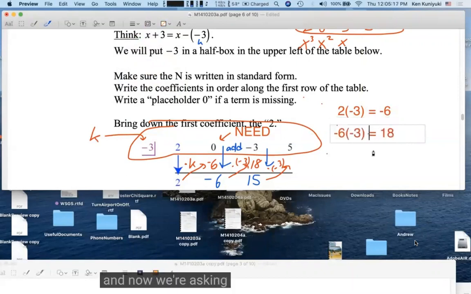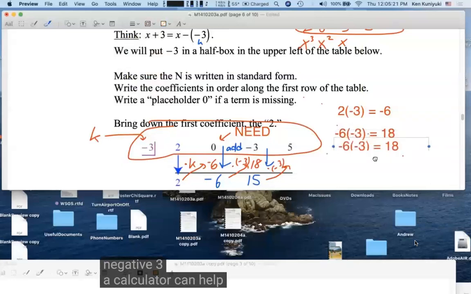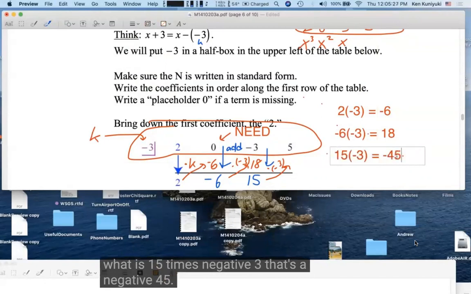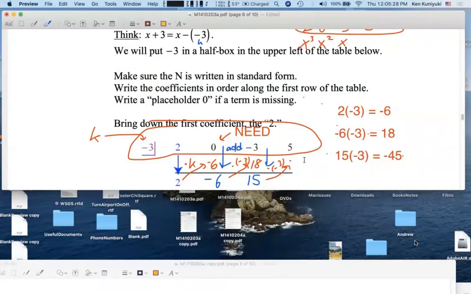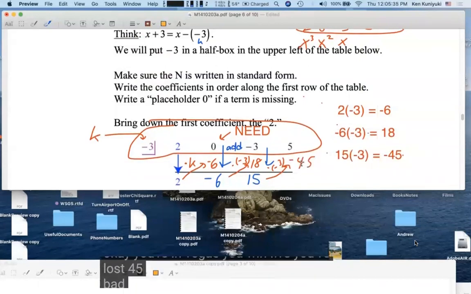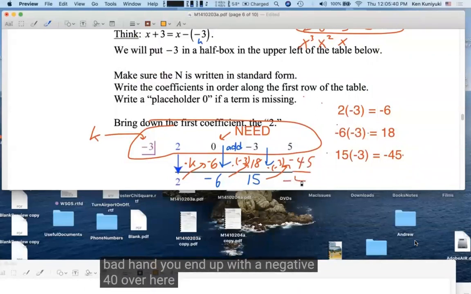And now we're asking, what's 15 times negative 3? A calculator can help. What is 15 times negative 3? That's negative 45. Okay, you're in Vegas, you win 5, you've lost 45. Bad hand.